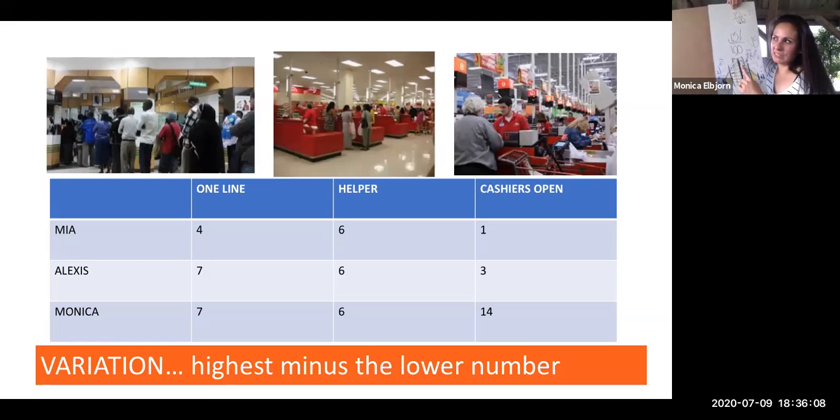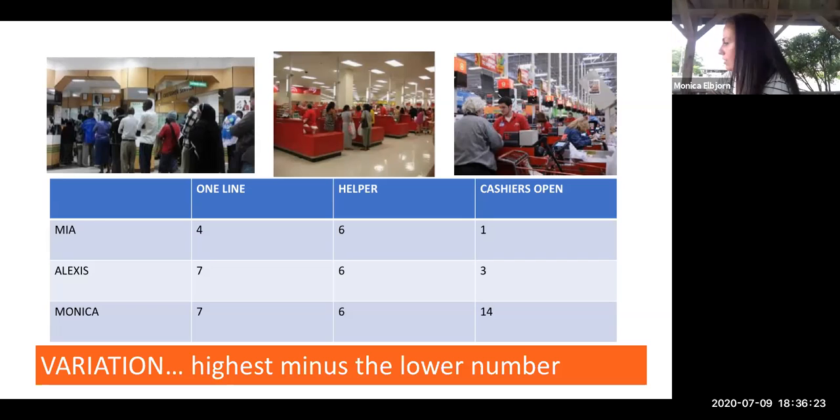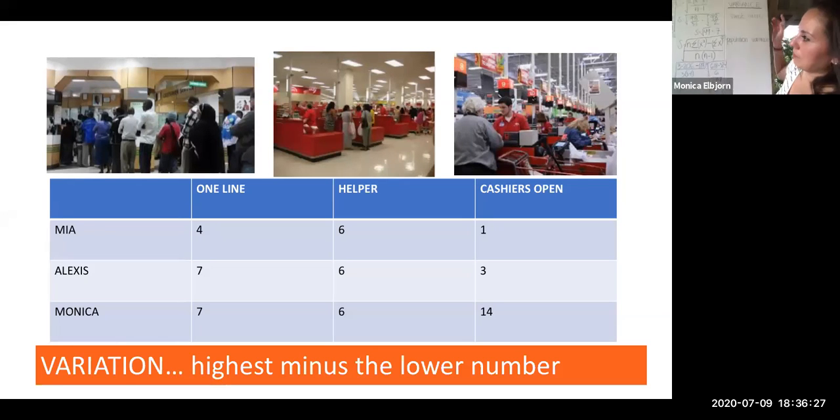So your sample standard deviation is way high. It's 7. You want it to be close to 0. So it's really high. One person is way over here, one person is way over here. So it's 7.